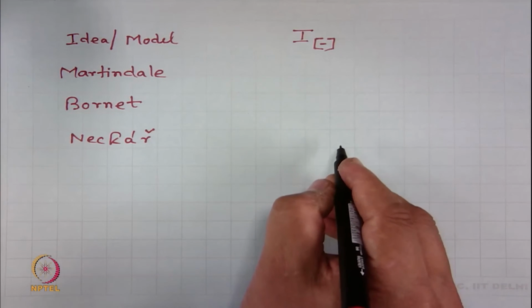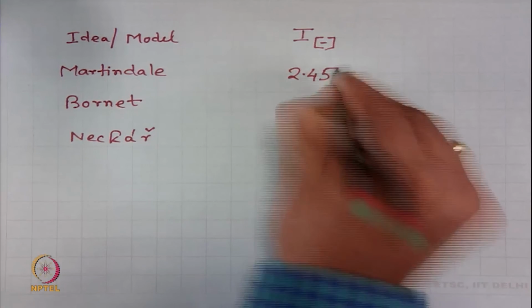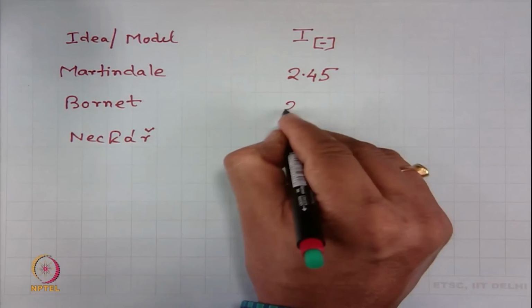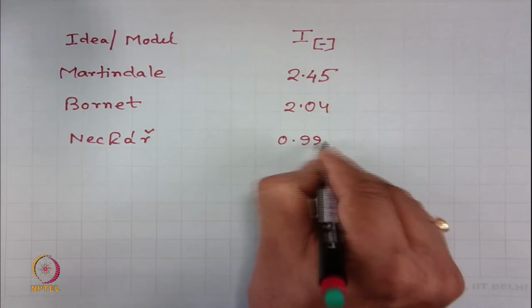So, Martindale, it was 2.45, this was 2.04 and this was 1.